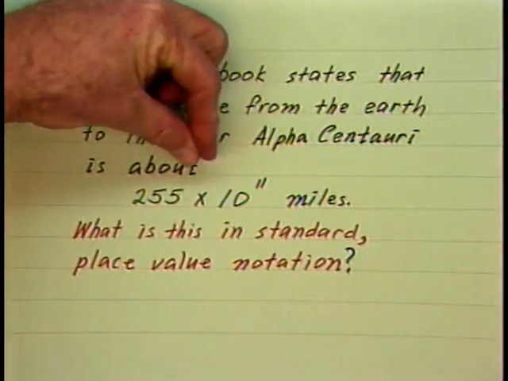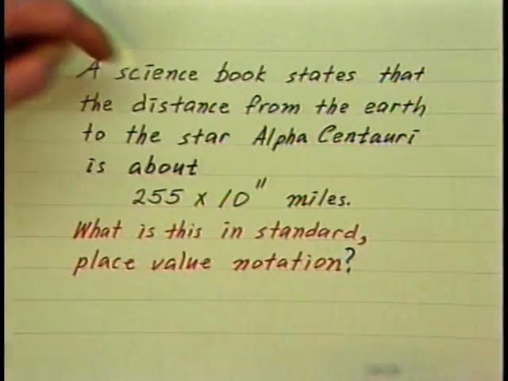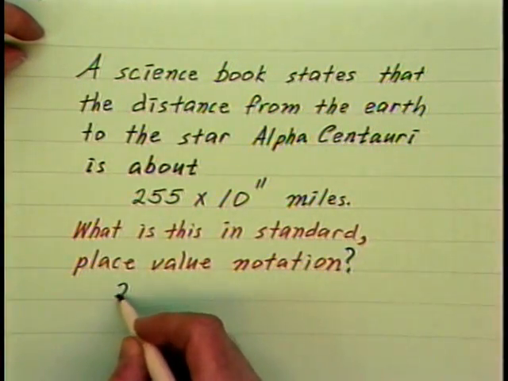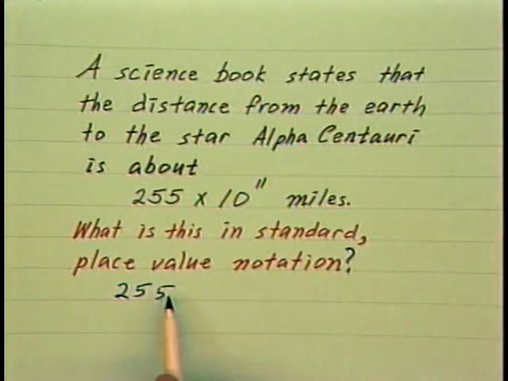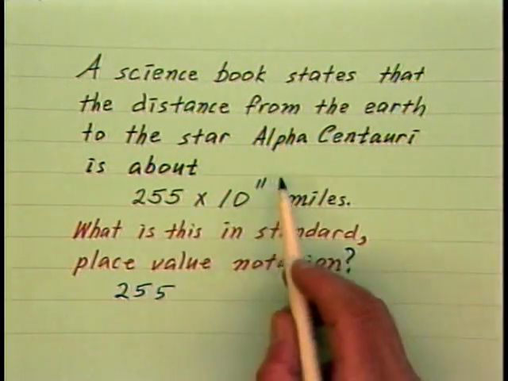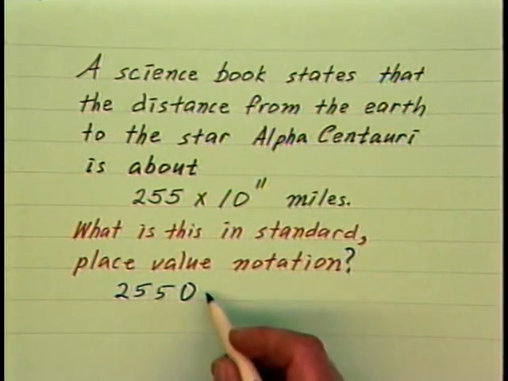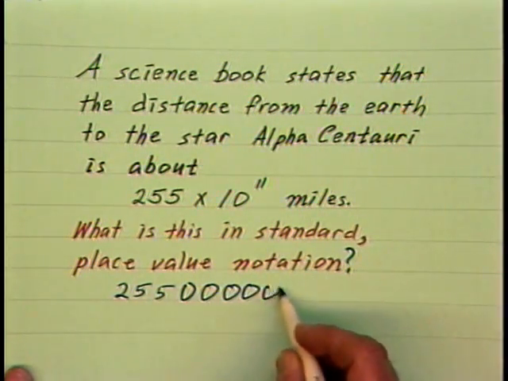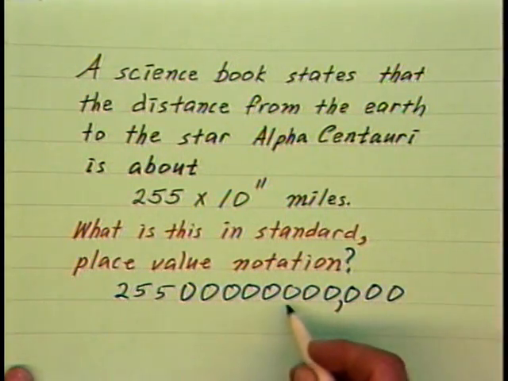And remember, we view this as making larger by this many places, or in the case of whole numbers, that many zeros. So we're going to append to this number 11 more placeholder zeros. So 1, 2, 3, 4, 5, 6, 7, 8, 9, 10, 11.